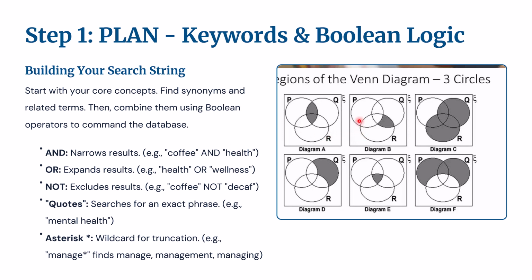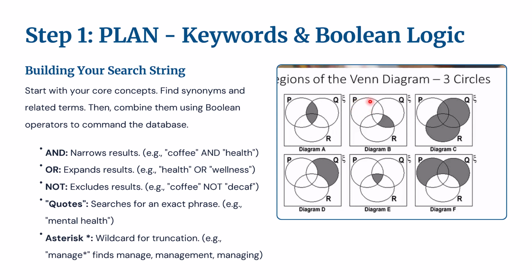Here, for example, we have not P. That's why you are seeing here, R and Q, not P. So the P keyword here is excluded from the result.